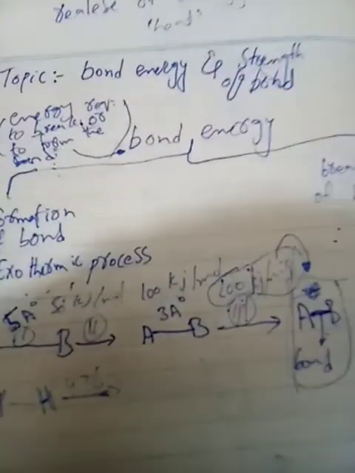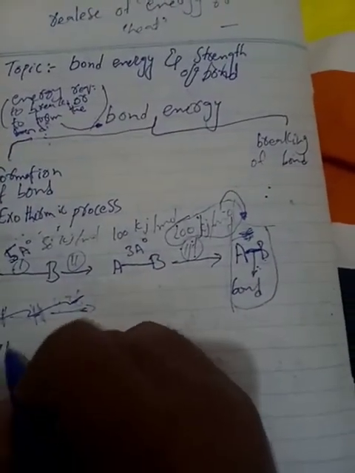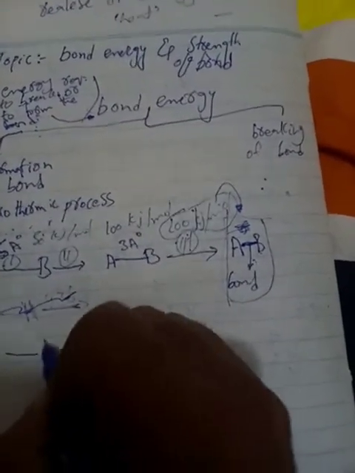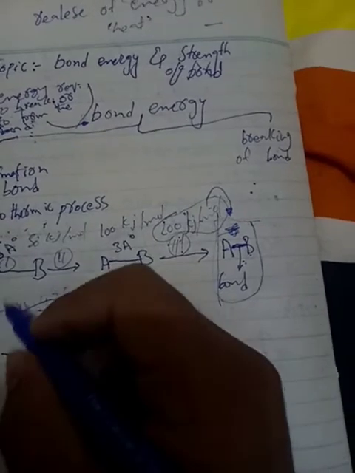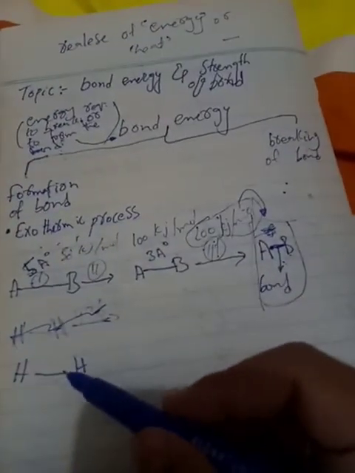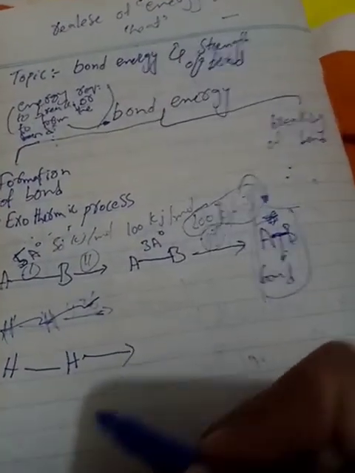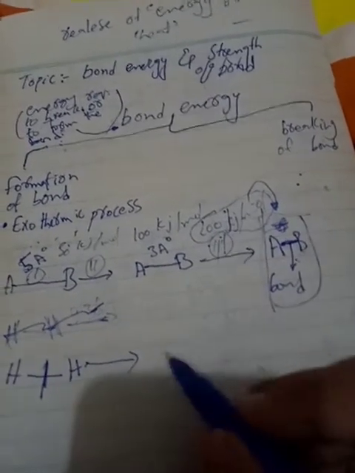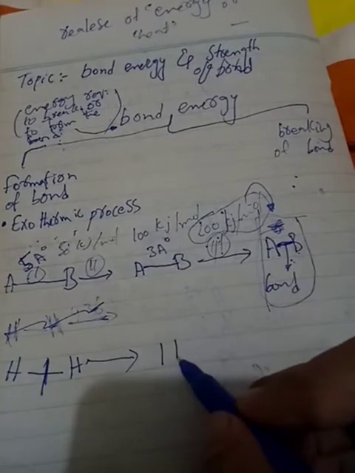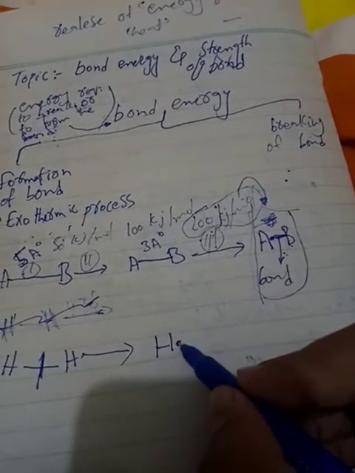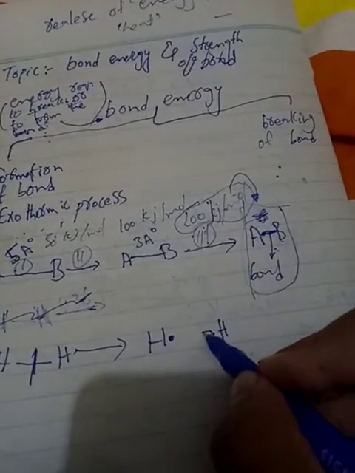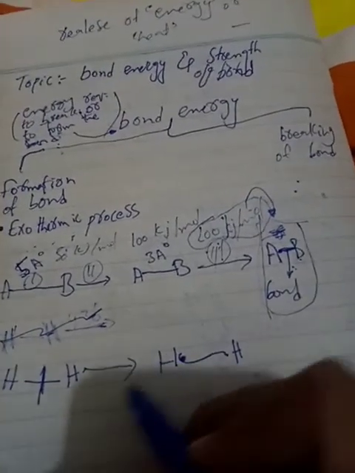Okay, so this is H, hydrogen, and this one is another hydrogen, with a plus sign. They want to form the bond, so they come together and form it by sharing their electrons, and will form the covalent bond.